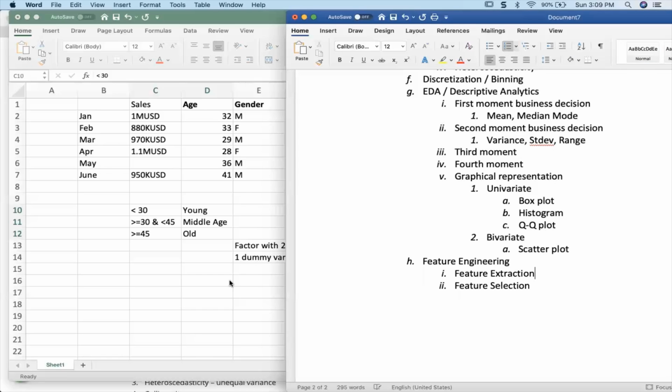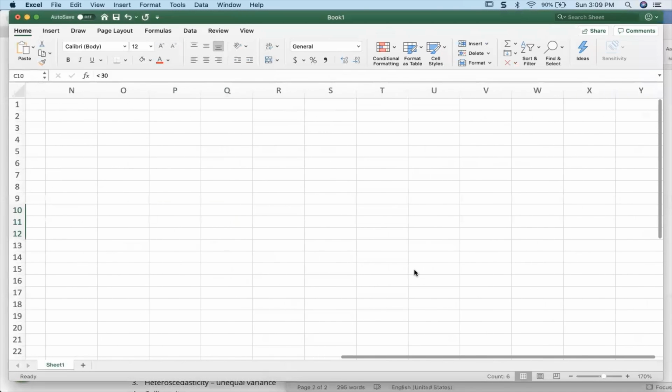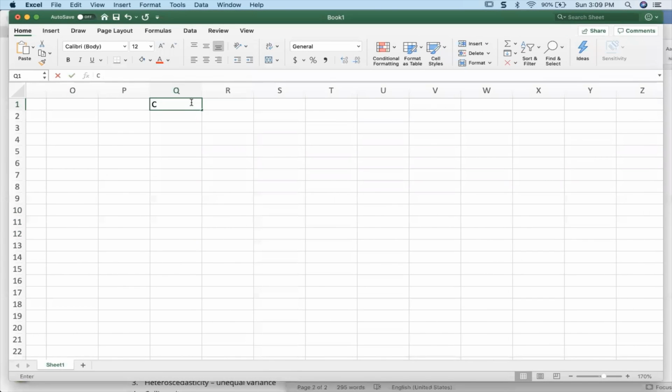What do you mean by feature extraction? Let me take an example here. Say you need to predict the credit score of a person. The higher the credit score, the more the chances that a person can get a loan for a low interest rate and more amount. Say there are two people, A and B.